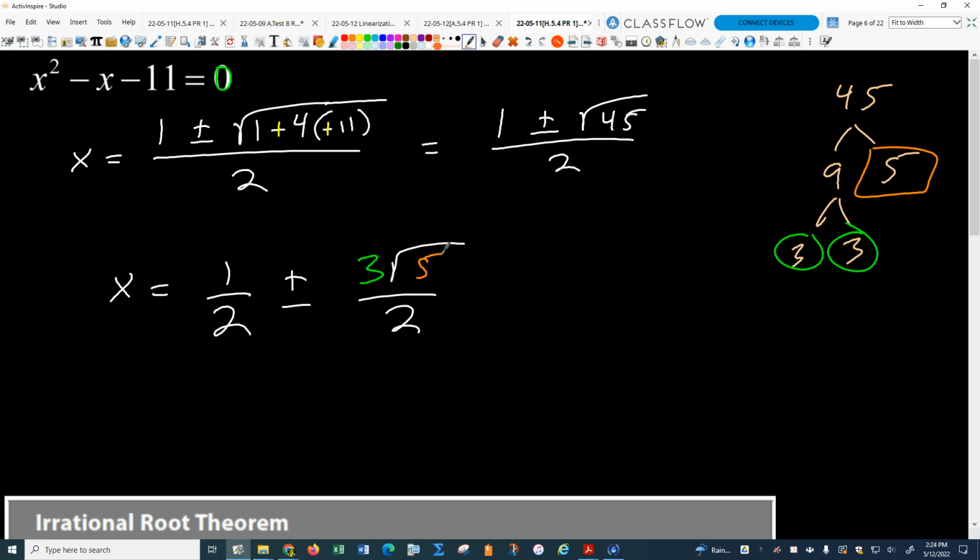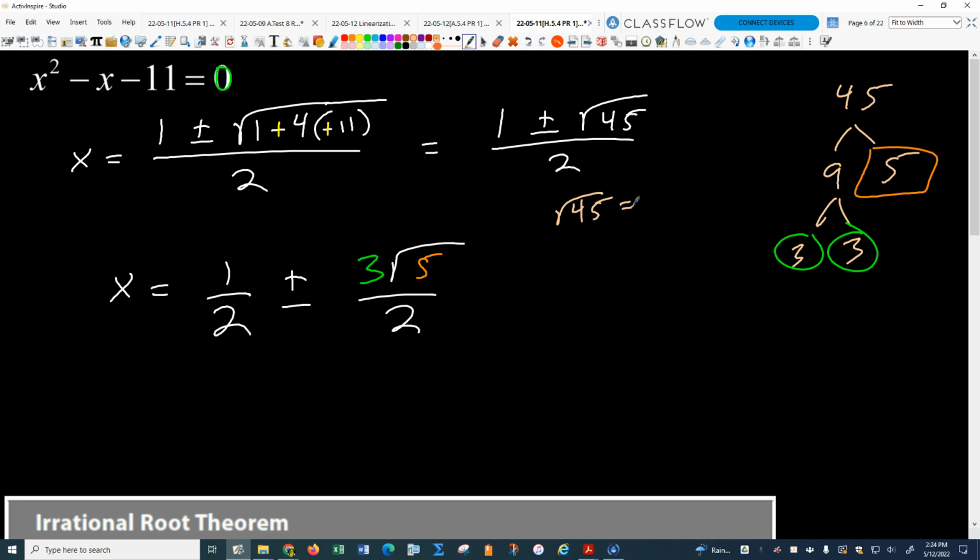But there's another way to think about that. You can get there quicker. We want to just think about what's the biggest perfect square factor of 45, and that's 9, isn't it? So we can break the square root of 45 up into, that's supposed to be a 45, you can't read that, 45.